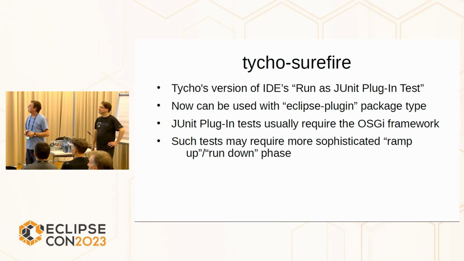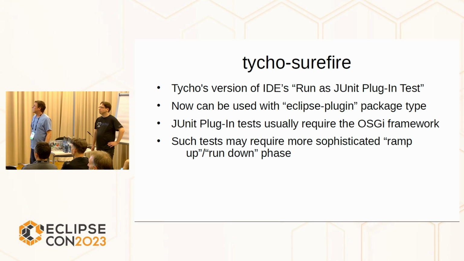But yeah, for more complex testing, I mean, we are in a plugin world, in a bundle world. It's not everything so simple. We probably need more access to the actual Eclipse platform. So we are using the Tycho Surefire plugin, which is probably the same as run as JUnit plugin test in the IDE.